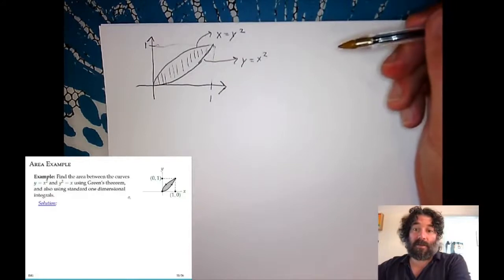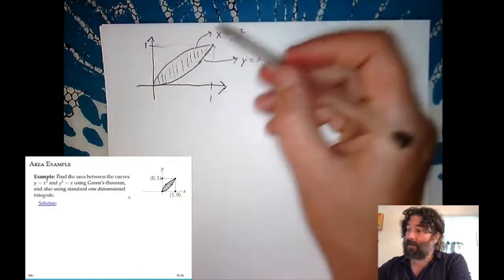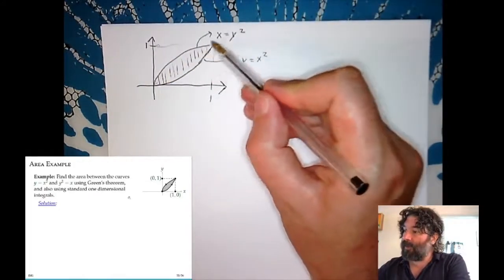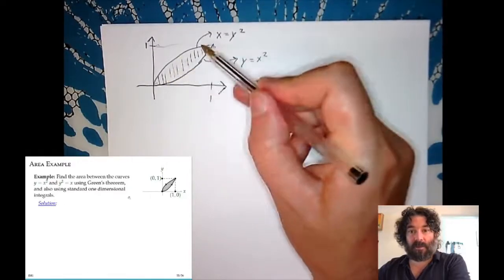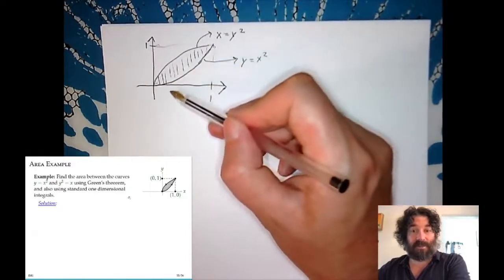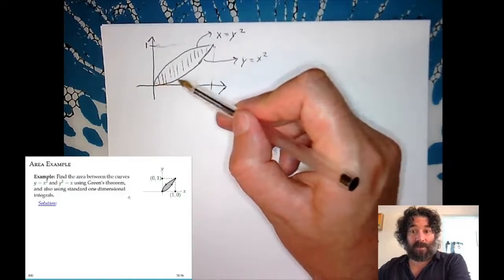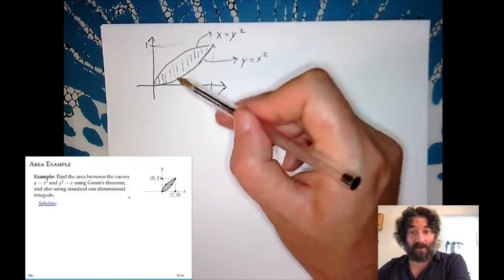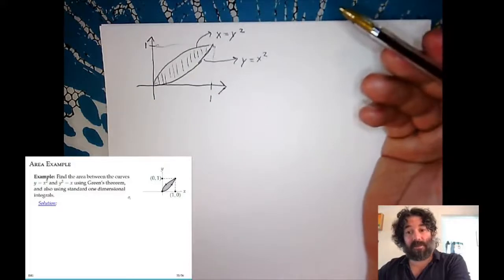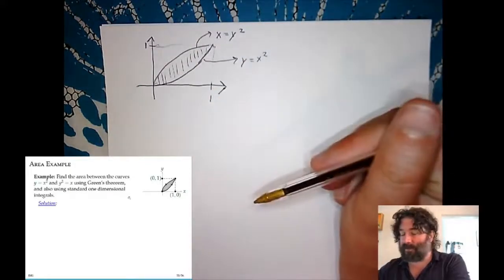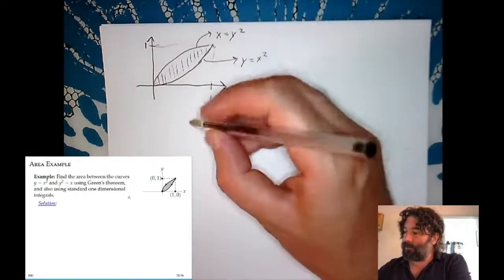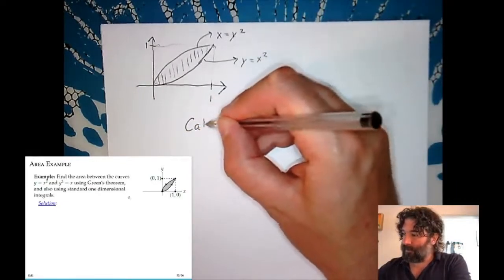And so we can calculate this area by taking the single integral of x to the 1/2, which gives the area above the x-axis and below this top curve, and then subtracting the integral of x squared. And that gives us the area in between. So let's calculate this area in that way, and then we'll also calculate it by doing a line integral according to Green's theorem.